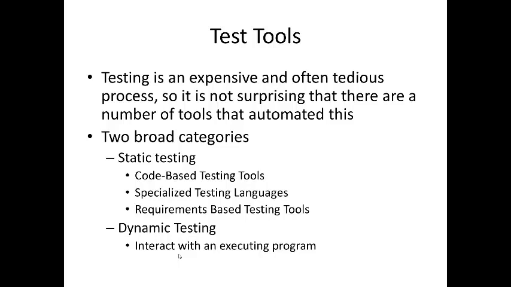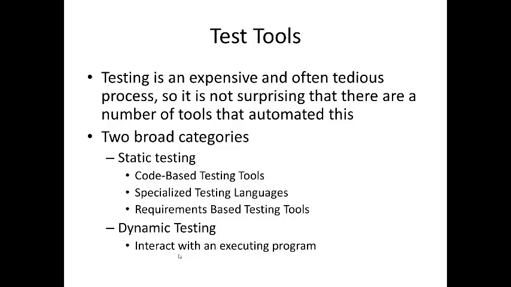Two broad categories are static testing tools: code-based testing tools, specialized testing languages, and requirement-based testing tools. The code-based testing tools accept source code as an input and perform a number of analyses on it that result in the generation of test cases. Specialized testing languages enable a software engineer to write detailed specifications that describe each test case and the logistics for its execution.